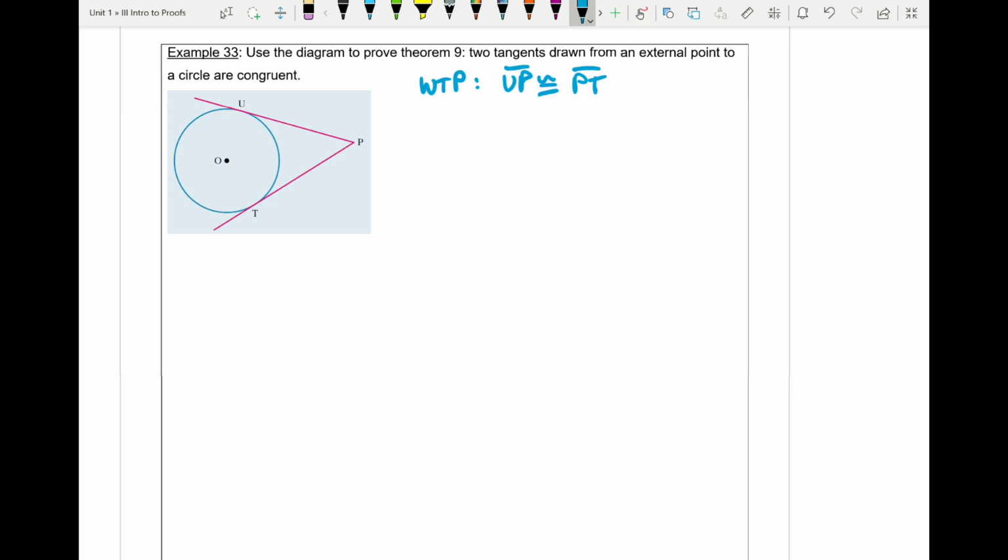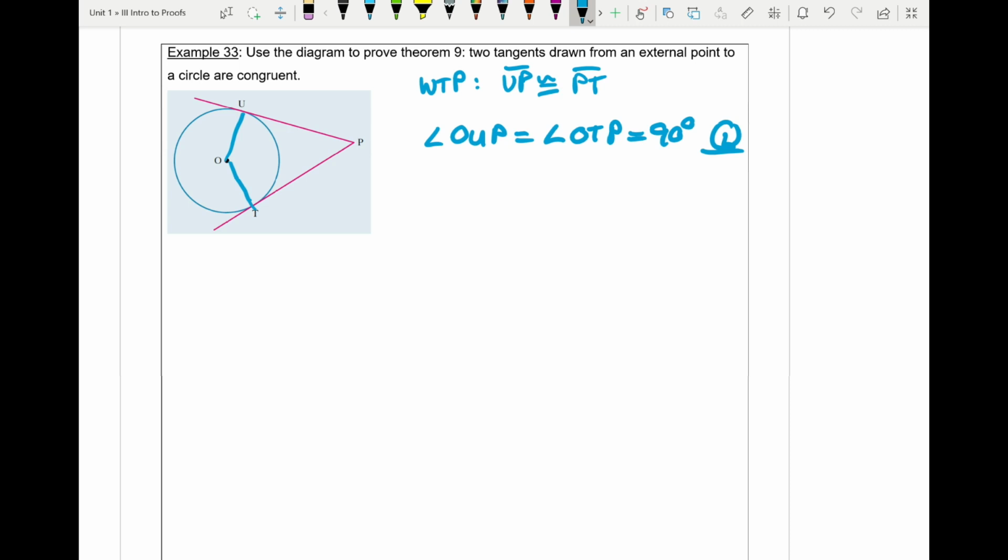The first thing that we want to do is make some triangles because we know how to prove triangles are congruent. So looking at this, we can take out radii from O to U and O to T. And because we're given in the question that these are tangents, we know that angle OUP is equal to angle OTP is equal to 90 degrees. So that's using our tangent rule.